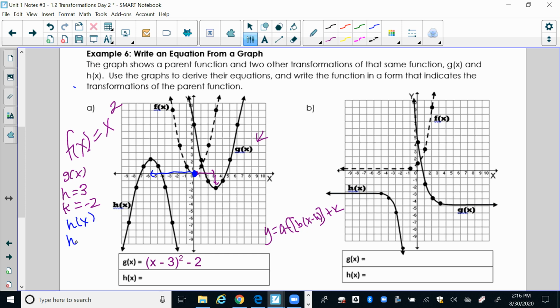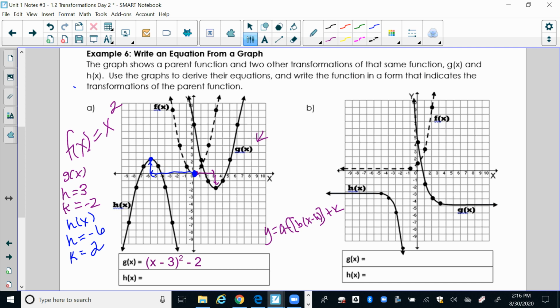So we have an h value of -6 and a vertical translation of up 2. The vertex is the coordinate that you want to focus on when you're looking at horizontal and vertical translations for the graph of x squared.